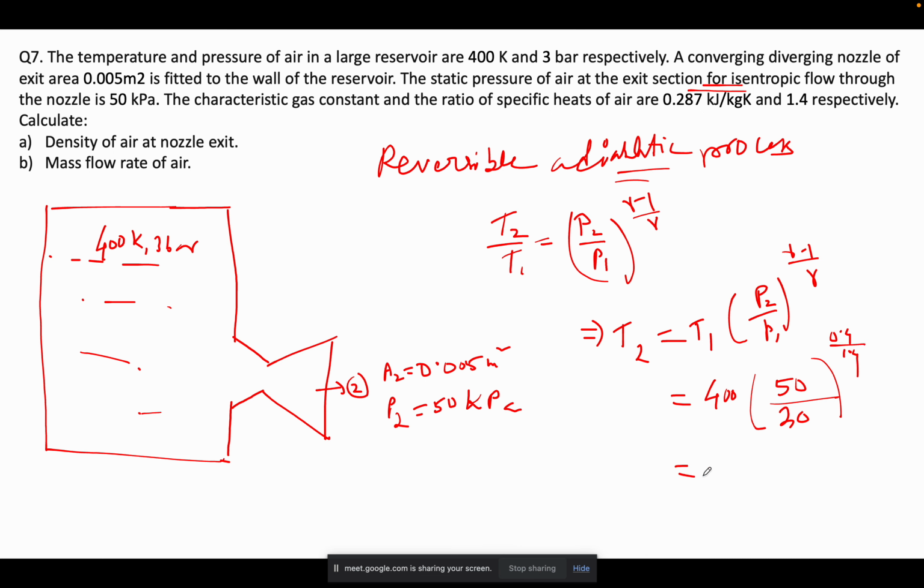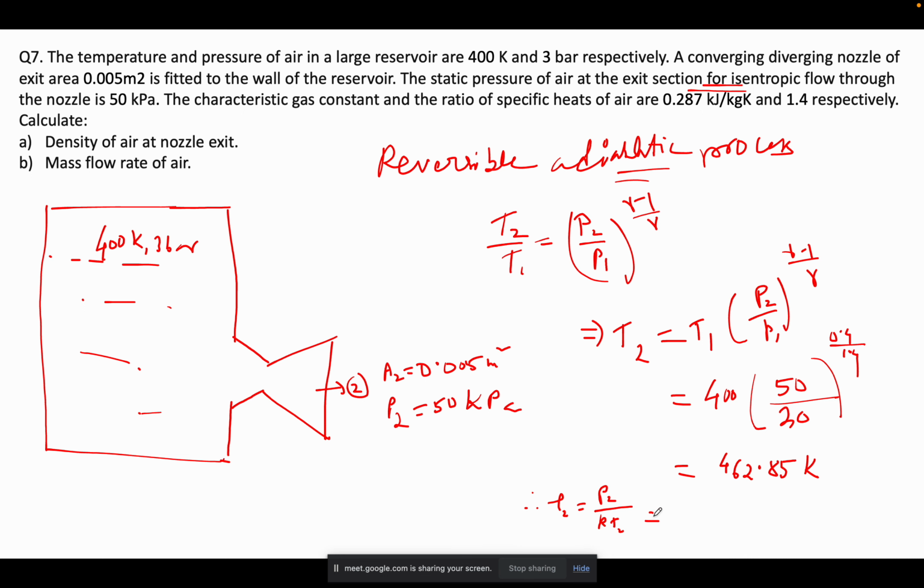Okay, 400 into 5 by 3 to the power 0.4. So that is your 462.85 Kelvin. Now you know T2, you know P2, so the density rho 2 is nothing but P2 by R T2.